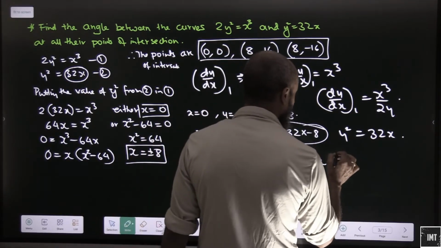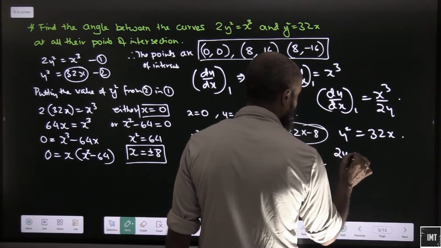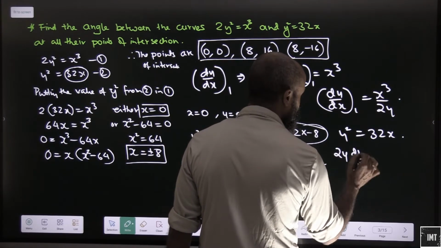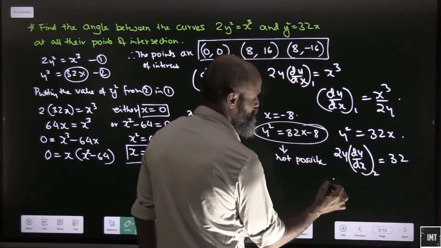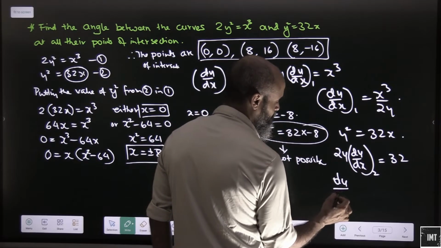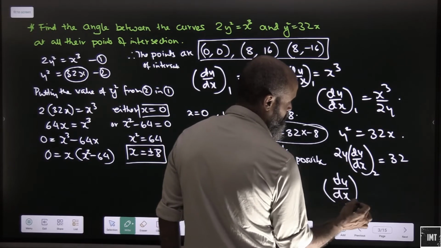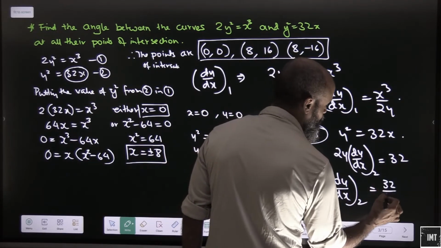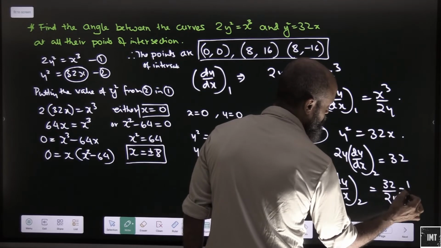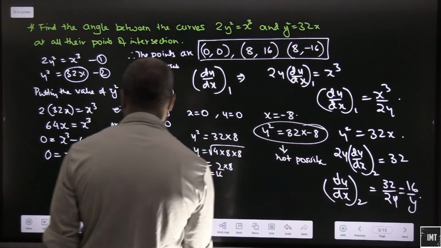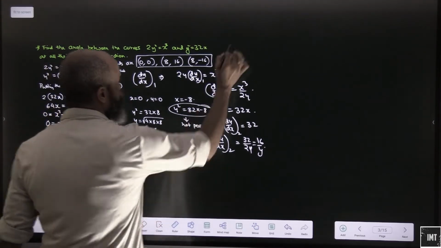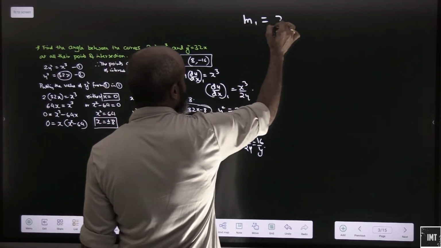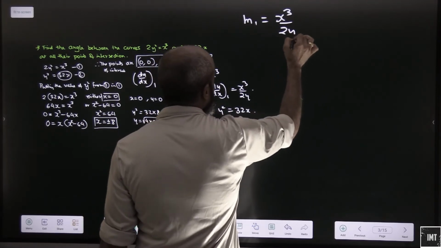So if I differentiate this, then this will be 2y dy by dx for the slope 2 is equal to 32. So dy by dx at position number 2 will be 32 by 2y, so that's 16 by y. Okay, so we have slope number 1, m1 is equal to x cube by 2y.